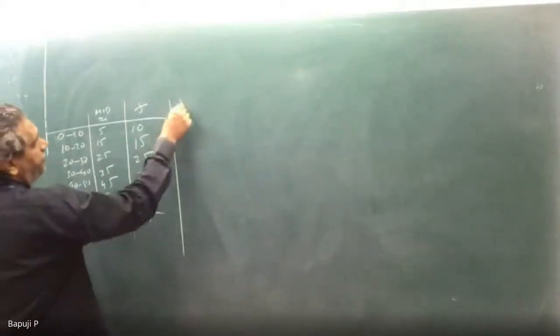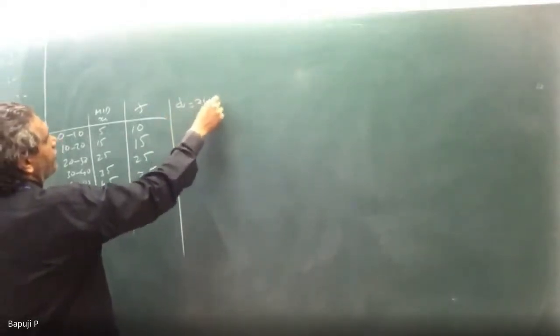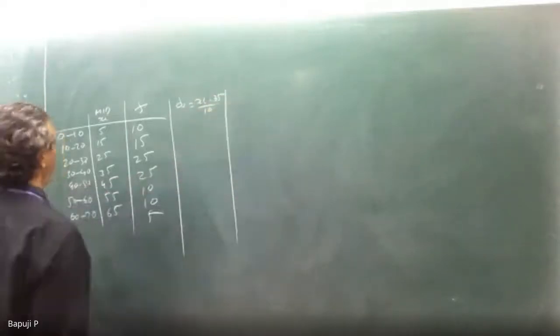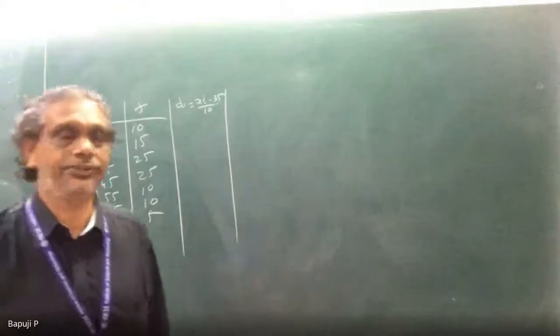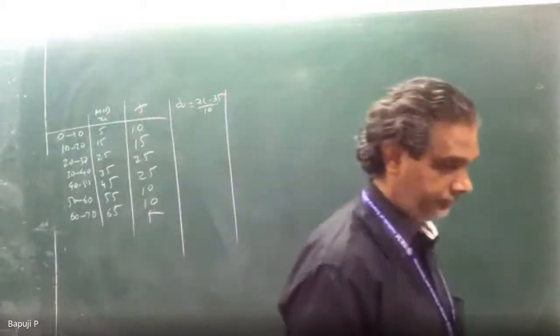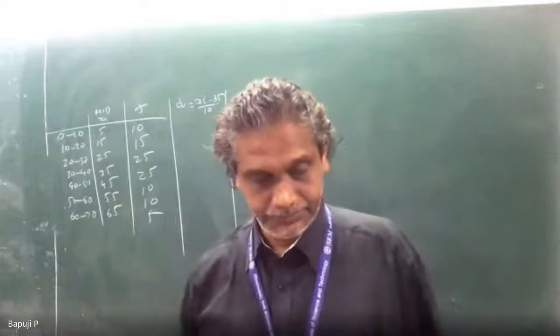Now D can be prepared. Any mid value we take, 35 or 45, doesn't matter, we get the same answer. What is the D value?